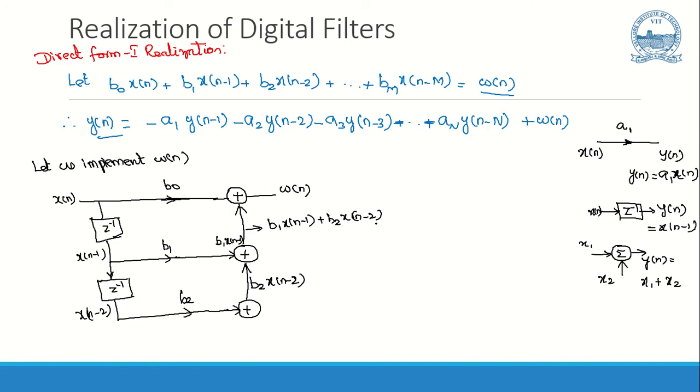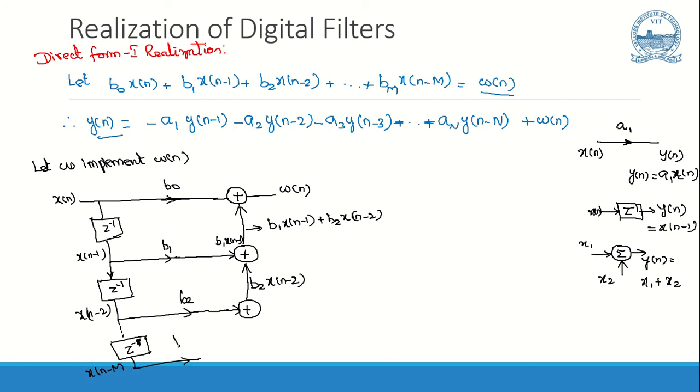Like this, I'll have m delay elements here. Let it keep on. I'll be having on the final z inverse, where my output is x of n minus m.